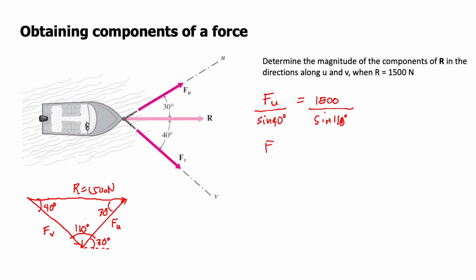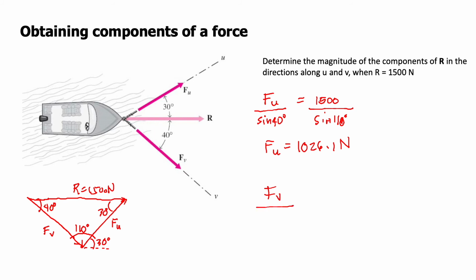Now Fu will be equal to 1,500 times sine 40 divided by sine 110, which is equal to 1026.1 newtons.